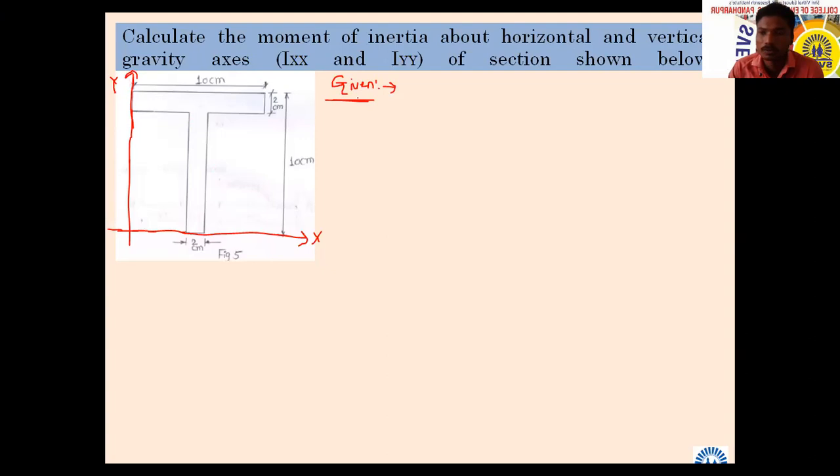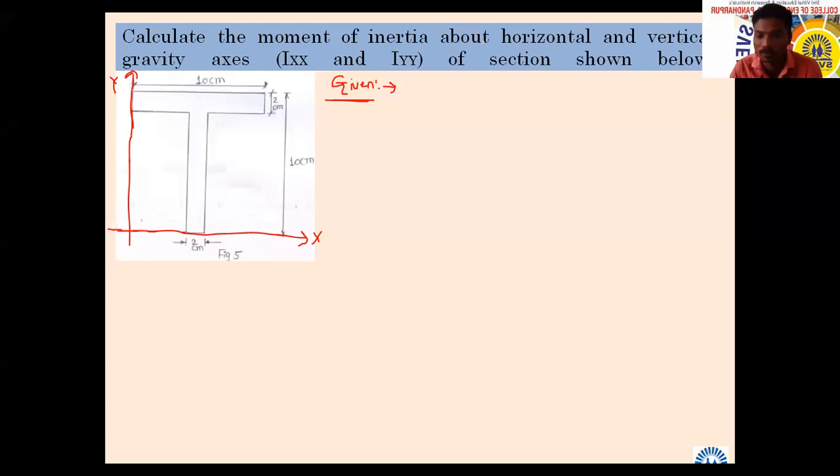The first step in finding the moment of inertia is to find the CG. That first step is required. For a given diagram, we should first find the CG, as we have seen.